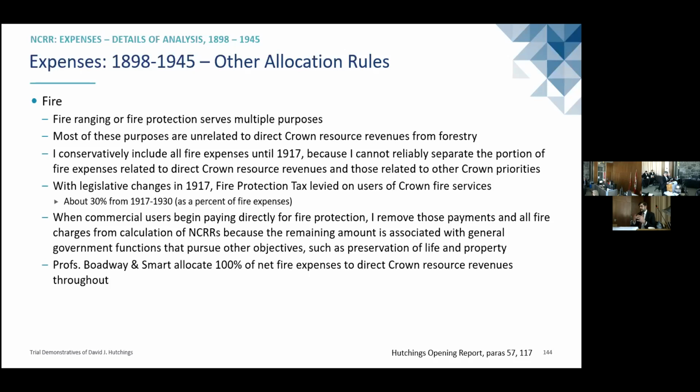Once we have some indication of what the Crown can recover from commercial users, I associate that revenue with the expense of providing the service to those users, and the balance of the expense to the general government functions.